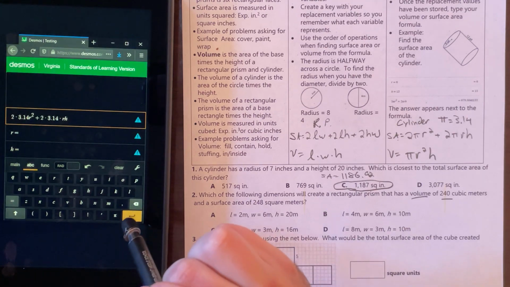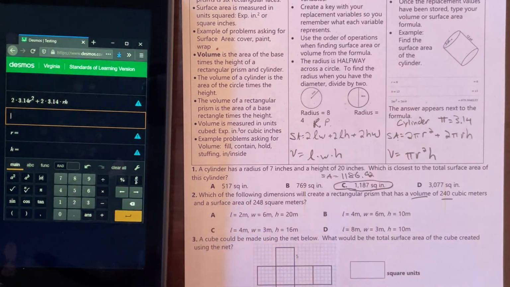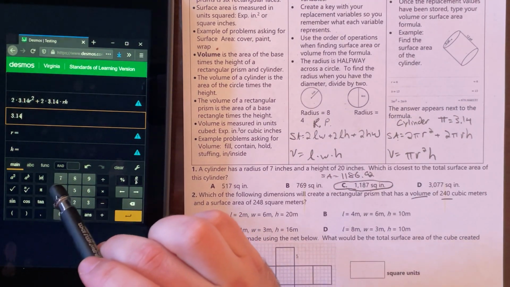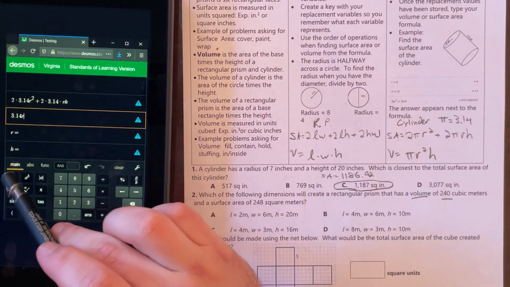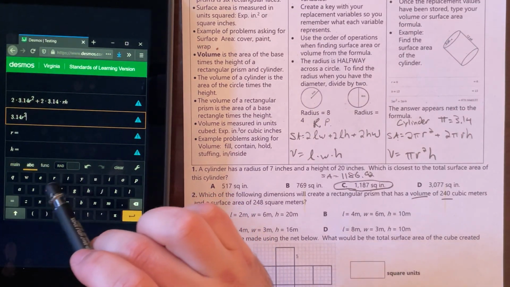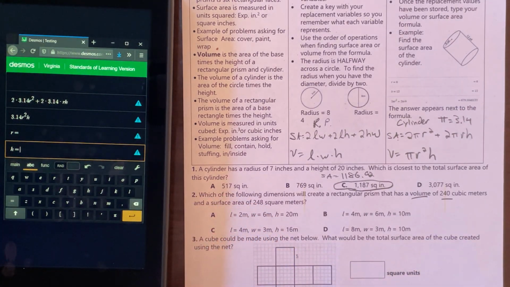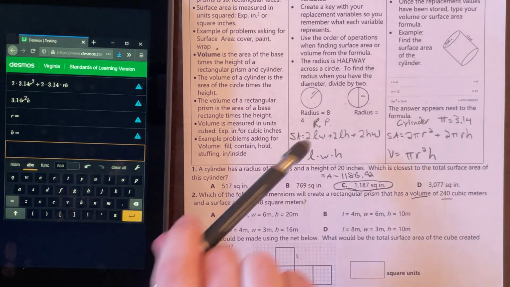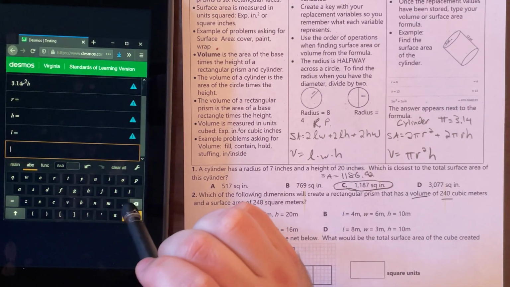That's surface area. Let's put volume in here just in case. For the volume of a cylinder, it's going to be 3.14 times radius squared times the height. And then for our rectangular prism, we have the length and the width.